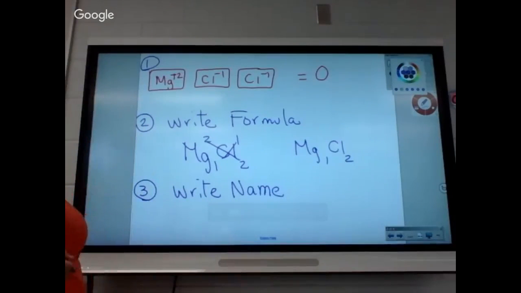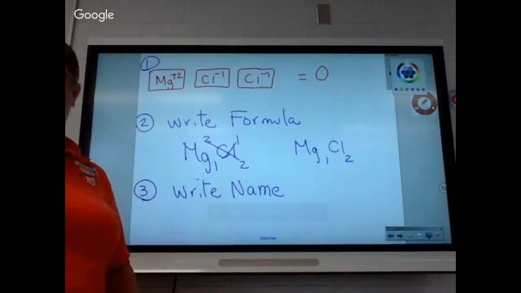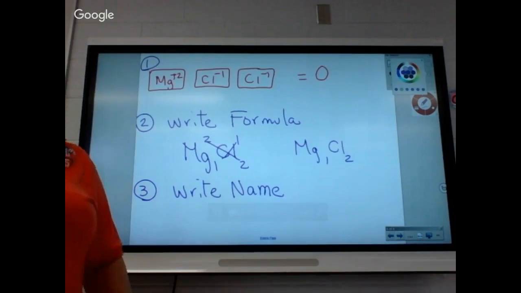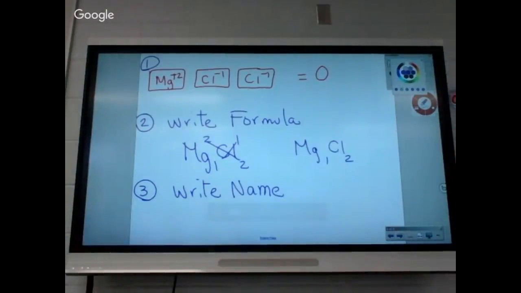Now, remember, if it's binary, you put what ending on it? IDE. If it's a polyatomic ion name, you get it from the polyatomic ion column. Now, let me point this out because lots of people make this mistake. Look on your direction sheet. You see in the middle of the paper under step 2, where it's got those 10 compounds, it says aluminum and bromine. Did I write "and" in the middle of any names in the last 2 days?